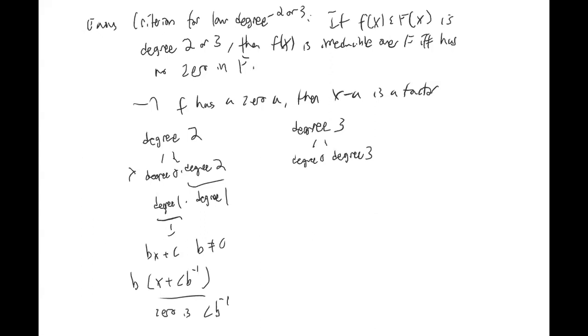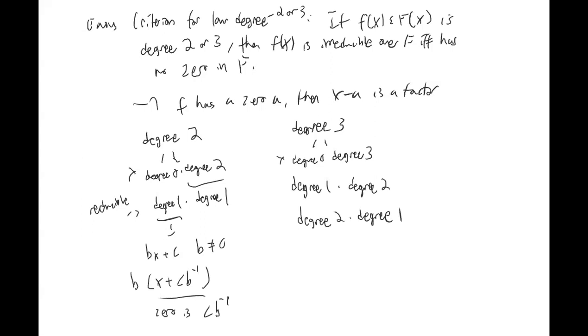Okay, so here, if it has a 0, it would be reducible, because it splits as degree 1 times degree 2, or degree 2 times degree 1.